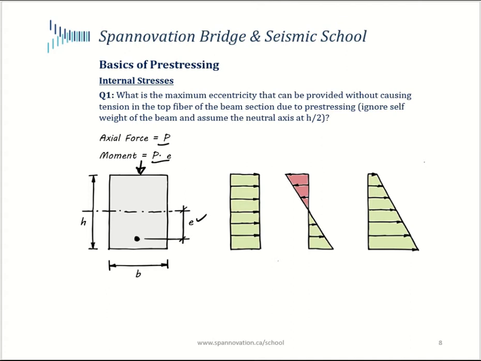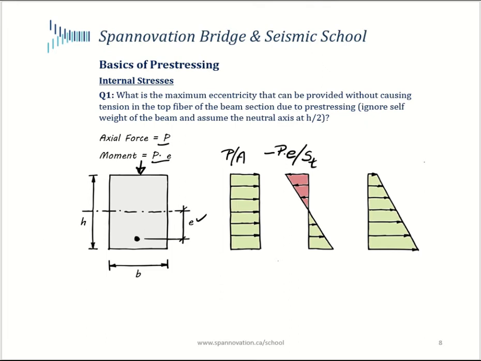The whole section is going to see uniform compression from the axial force, and that compression is going to be P divided by the area A. And then from the moment, we're going to see stress in the top fiber, which is a negative stress because it's tension, which is the moment divided by the section modulus of the top fiber.